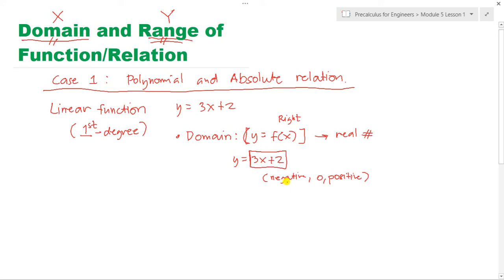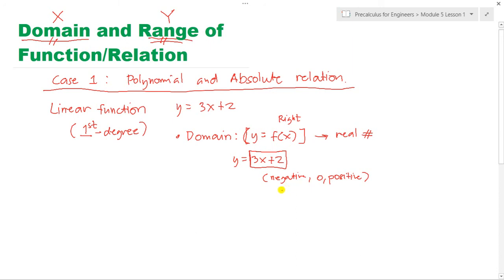If we input a negative number to our x here, let's say negative 100, what would be the result? Class, based on your calculation, let's say I have here 3 times negative 100 plus 2. What would be the answer? Okay, negative.